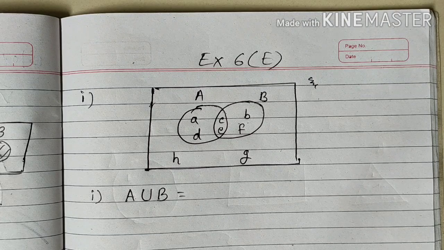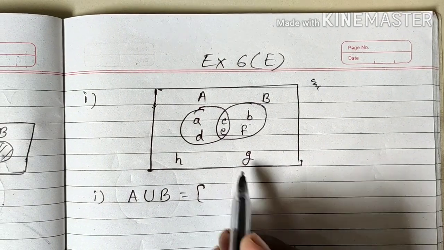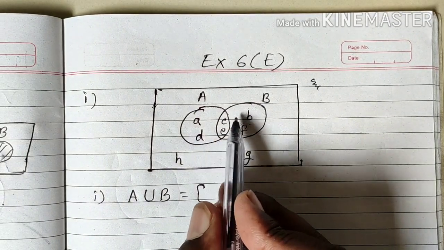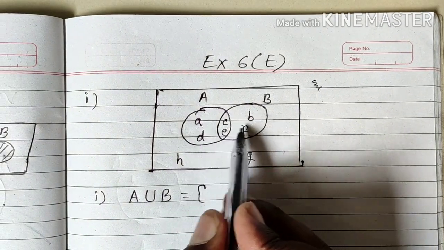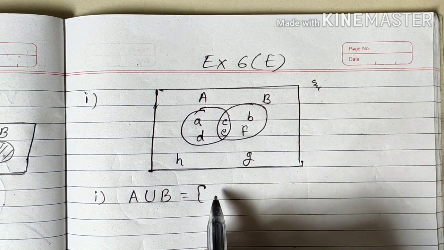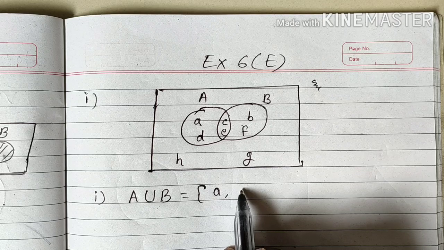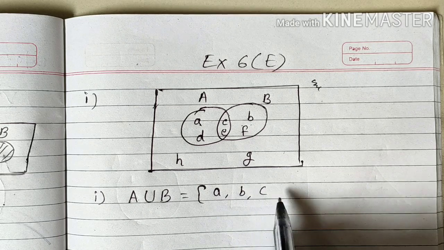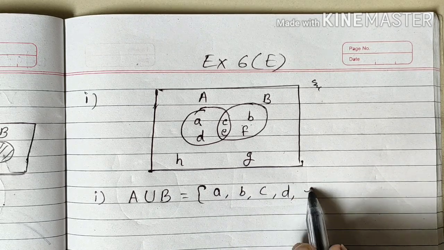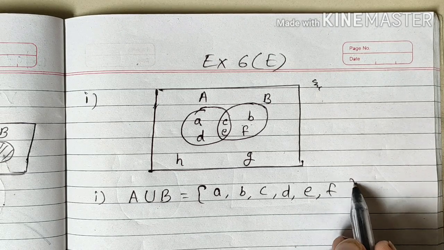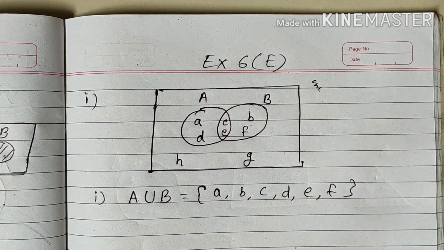Tell me. It is all this which is in the two circles. All the elements we will write in it: A, B, C, D, E and F. Got it?